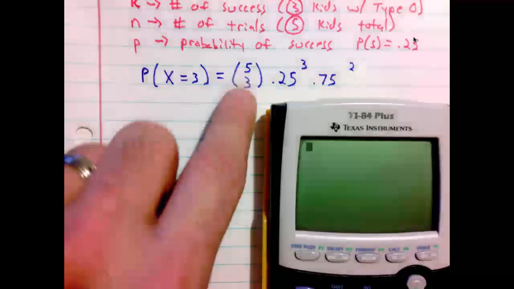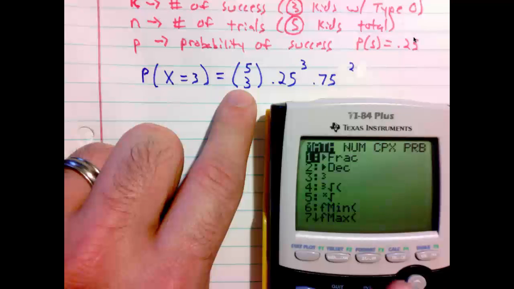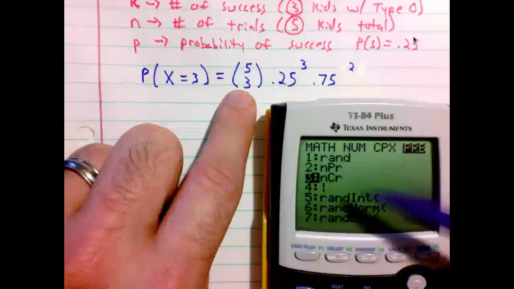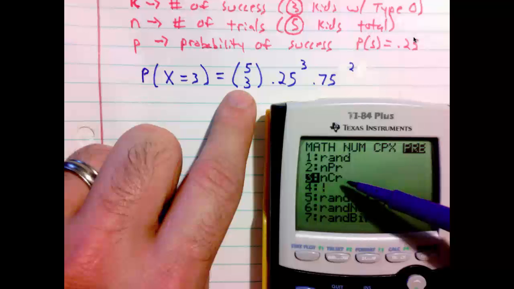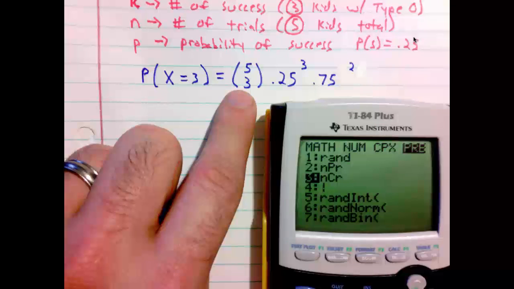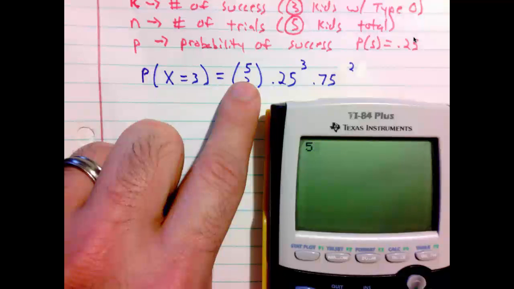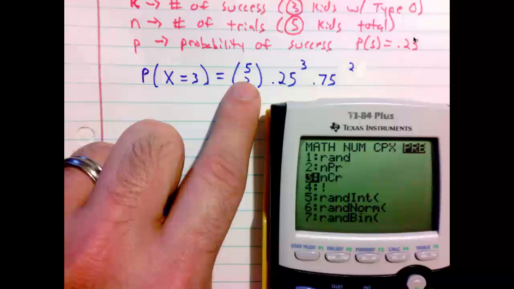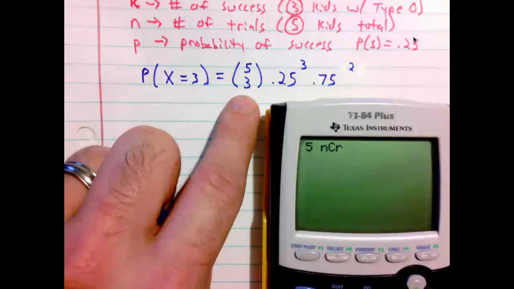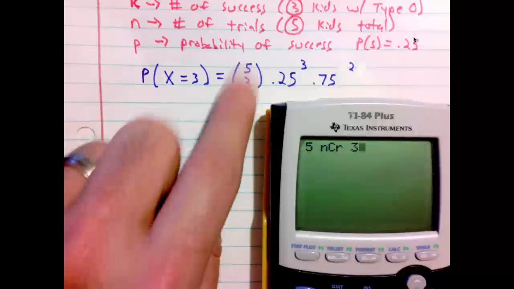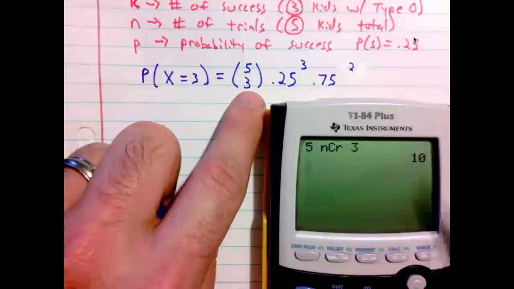Okay, here we go. We want 5 choose 3. Math, PRB, nCr. This function is called a combination. We first need the total, 5, then nCr, then 3. That tells us how many ways we can make this particular arrangement. That's 10.